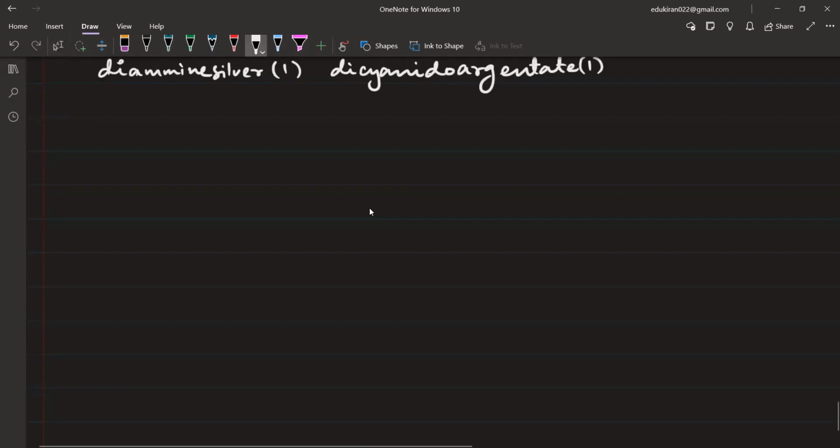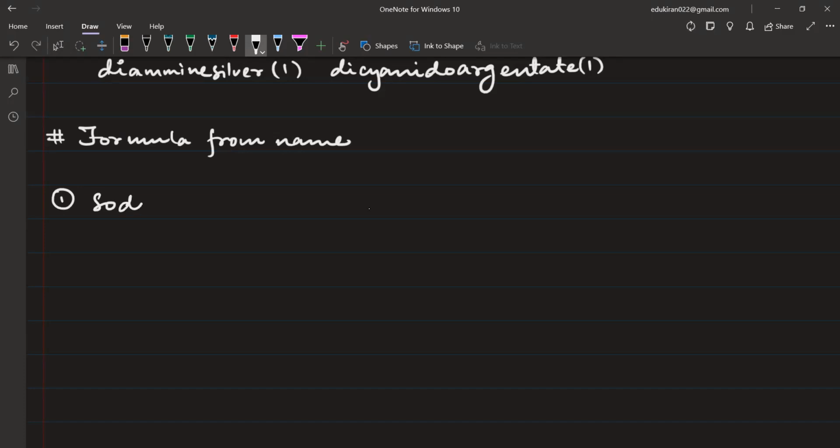Now, how to write the formula from name? So for example, we have sodium. Please write number 1. Sodium hexanitrito cobaltate 3.